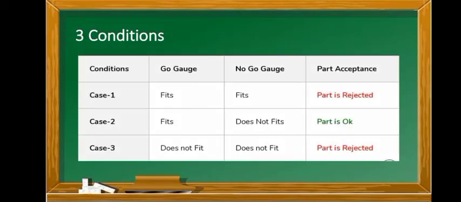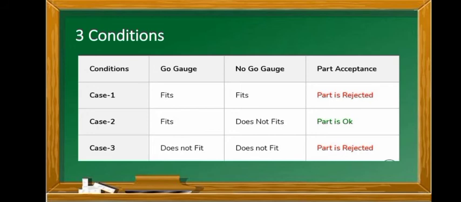So there are three conditions. Following these three conditions can arise while working with go and no-go gauges. Either the inspected part is accepted or rejected depending on these three conditions. In case 1, if the go gauge fits in the inspected part as well as the no-go gauge, then the part will be rejected.